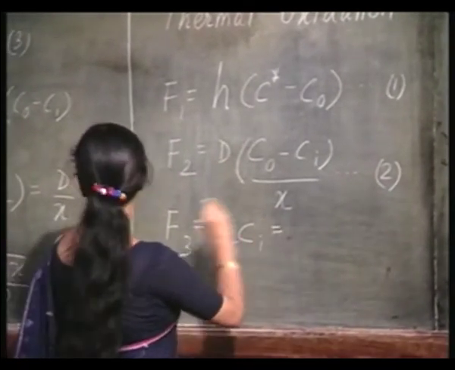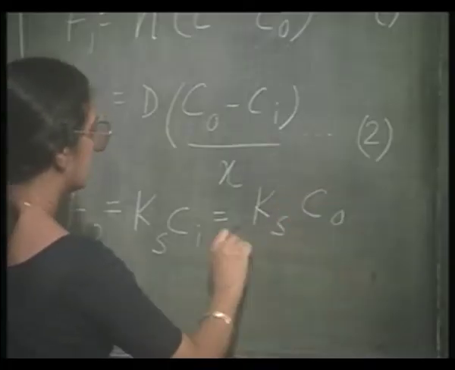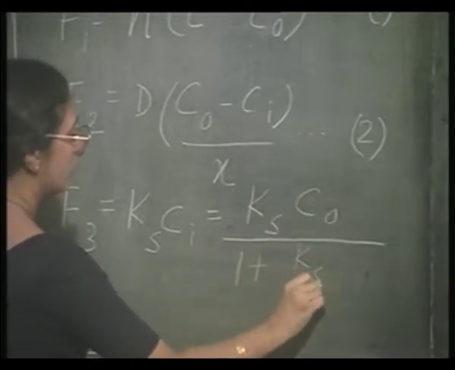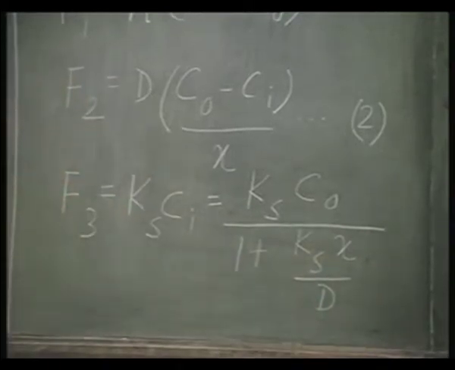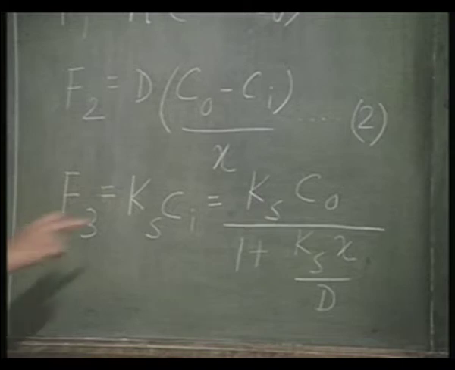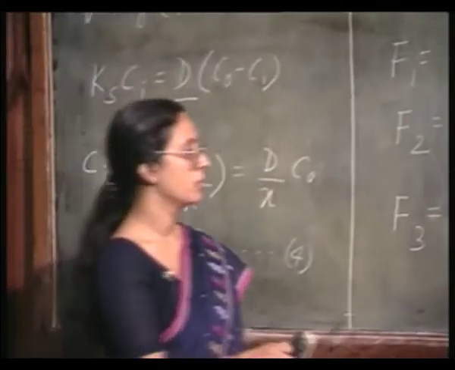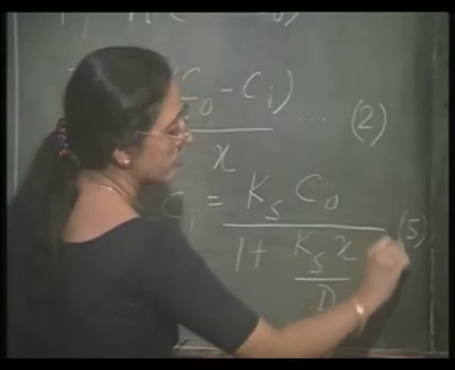So, I could write that F3 is equal to Ks C naught by 1 plus Ks x by D, replacing Ci with this expression. Let me call this my equation 5.